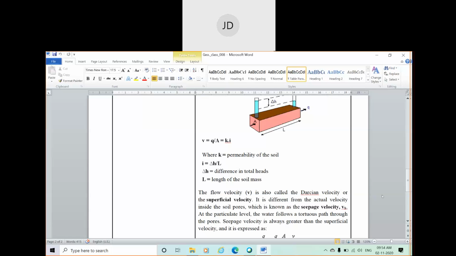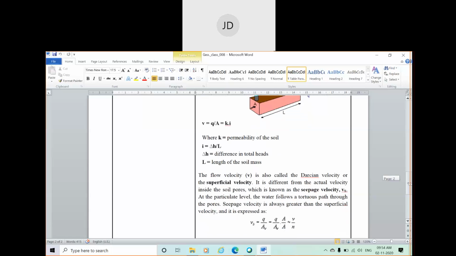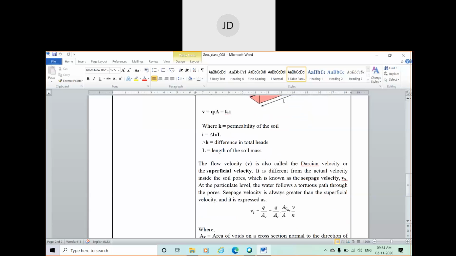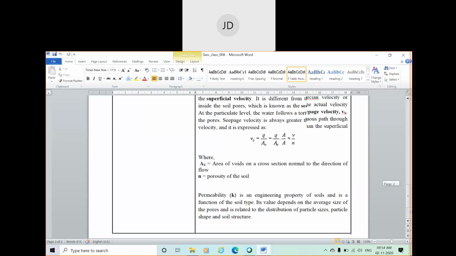We can also define the relation between actual velocity and seepage velocity. Seepage velocity can be defined as your theoretical velocity divided by your porosity. You have to remember this. Is it clear till now?